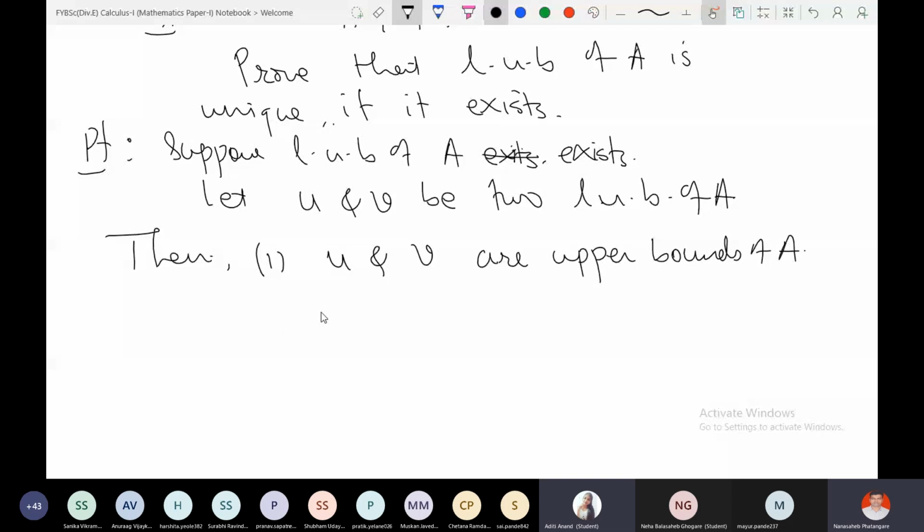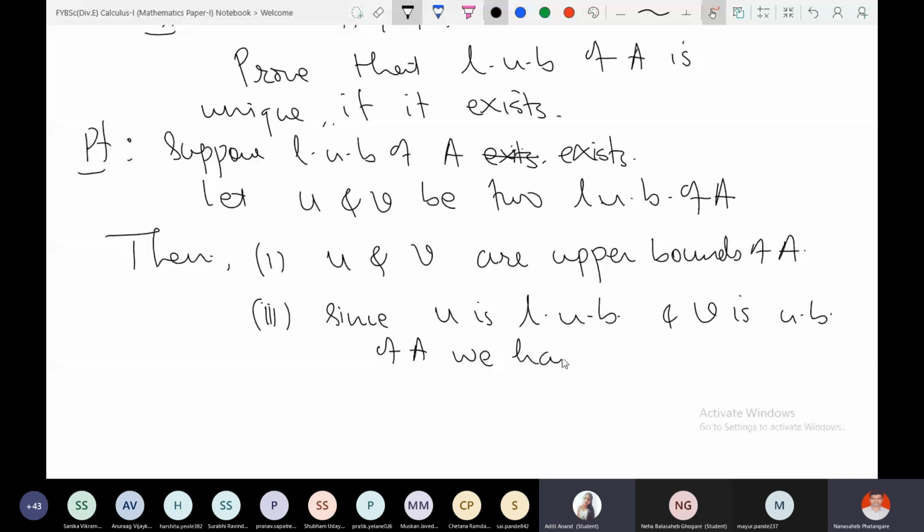What is the second observation? Since U is the least upper bound and V is an upper bound of A, what is the relation between U and V? U is less than or equal to V, because V is an upper bound and U is the least upper bound, so U is less than or equal to V by definition.